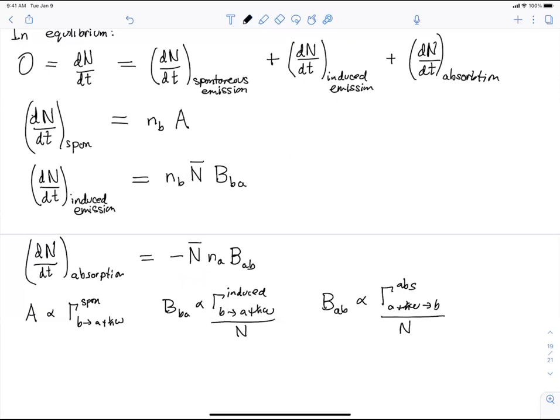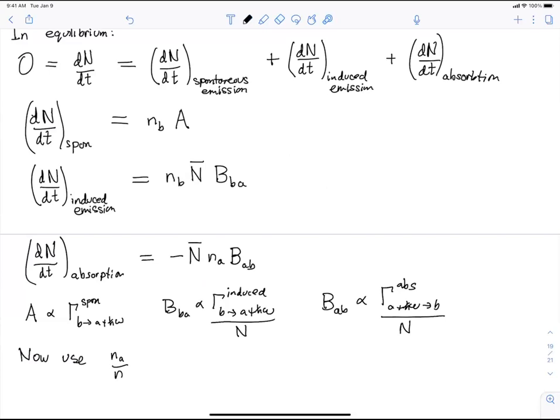Okay, now what else do we know? We know the Boltzmann factor distribution that I wrote down before. That doesn't tell us how many atoms there are in each state, because again, that would be proportional to how big I made my box. But it does tell me the ratio.